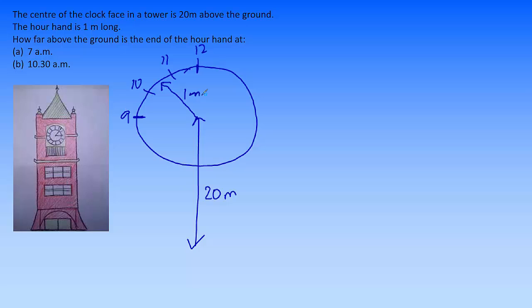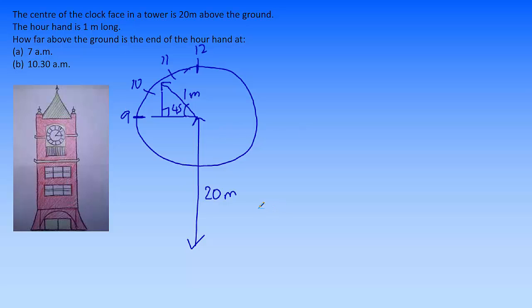We know it's 1 meter long, so it's going to be above, just here. So the length we want will be this one. I'll draw the triangle better in a minute. Now if we think about it, it's exactly halfway going from 9 to 12, and 9 till 12 would be 90 degrees, so the angle here must be 45 degrees.